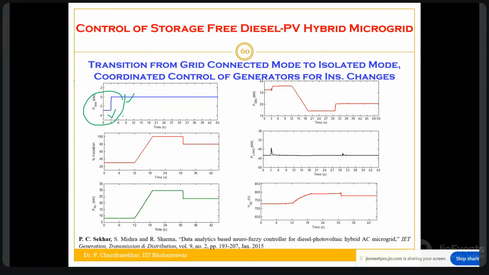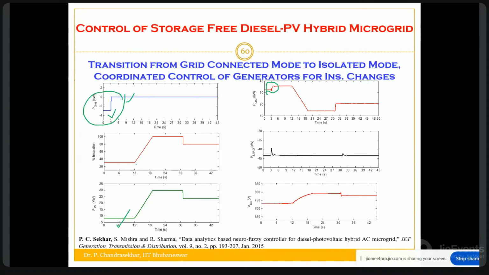So once the microgrid got isolated from the main grid, there is a deficit. As there is a deficit, PV is already operating at MPP. In order to protect the system stability, the diesel generator has to increase its power output.